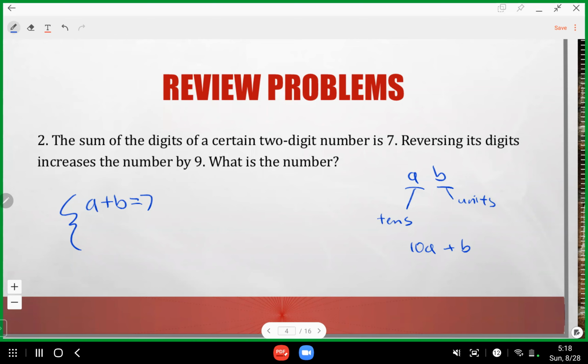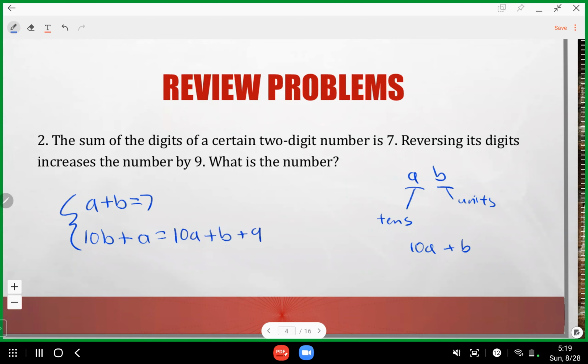You get it, right? So essentially what we're doing here is if we reverse the digits, B is in the tens, so the value of the number with the reversed digits would be 10B plus A, which is going to be equal to 10A plus B, the original number, plus 9, right?